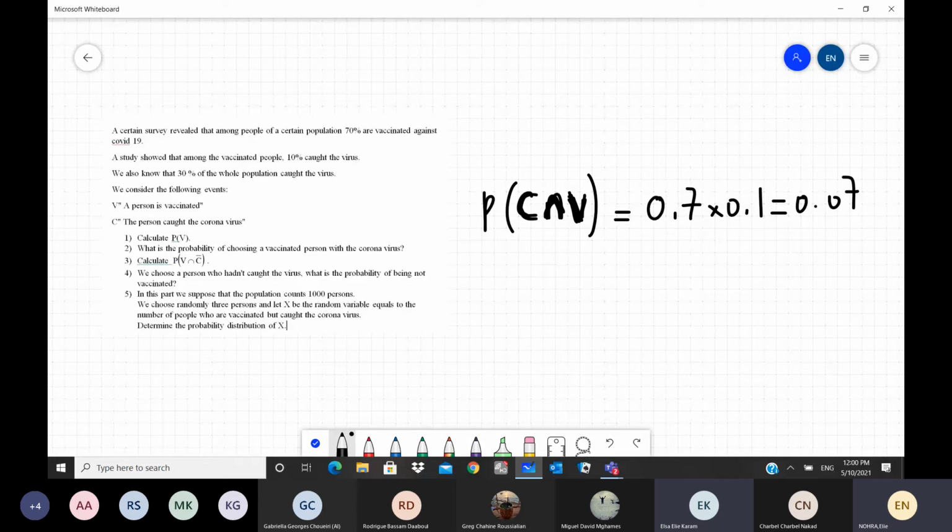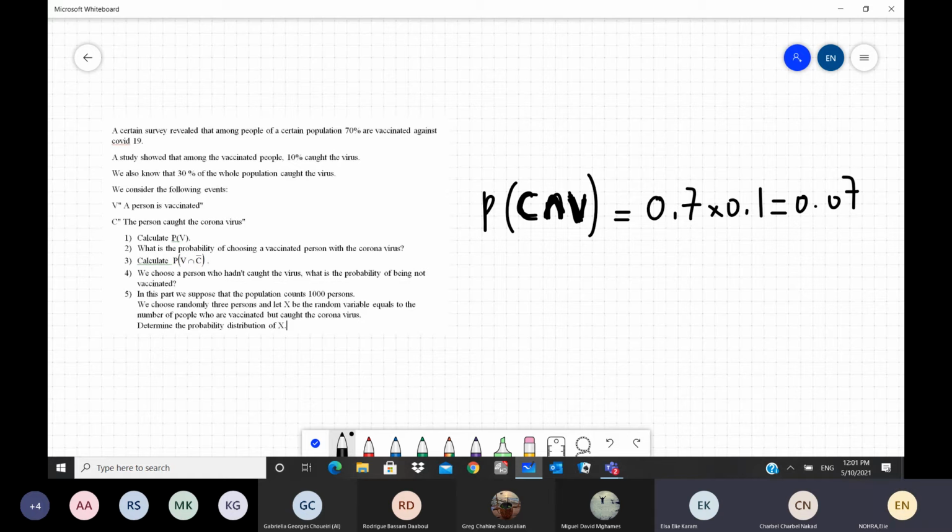And since these people count 1,000 persons, what is the number of people who got the coronavirus and are vaccinated? X belongs to 0, 1, 2, or 3. It's very correct, amigo. But what I'm saying is the following: how many people? It's 0.07 times 1,000.